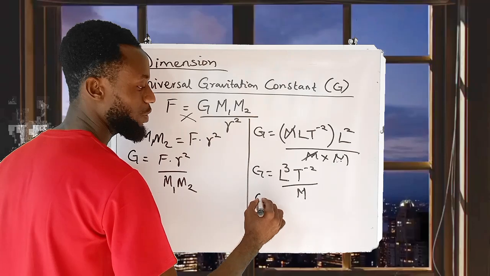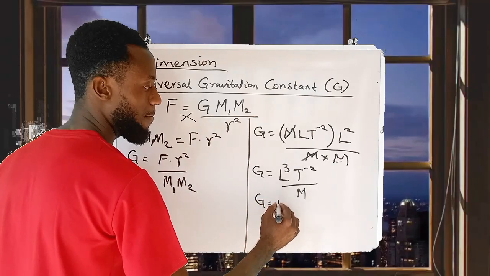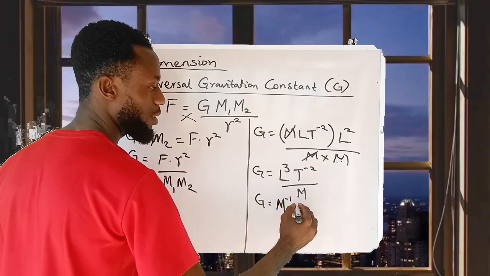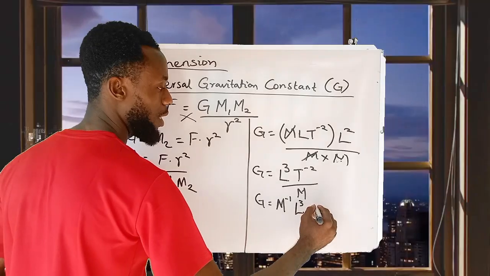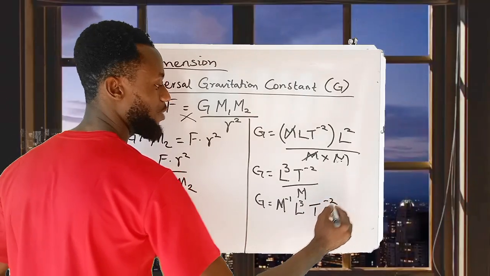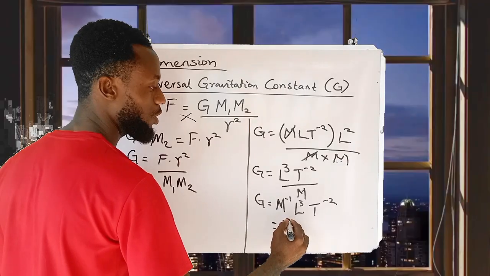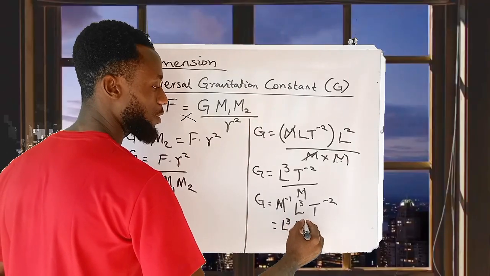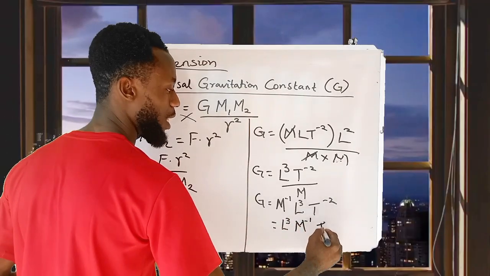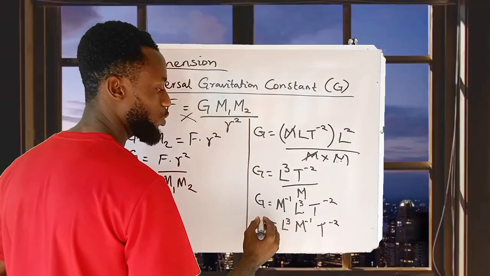So dimensionally, it is mass power 1, L power 3, and time raised to the power of negative 2. Or if I'm trying to put the positive first, that becomes L cubed, mass power minus 1, and time power of minus 2.